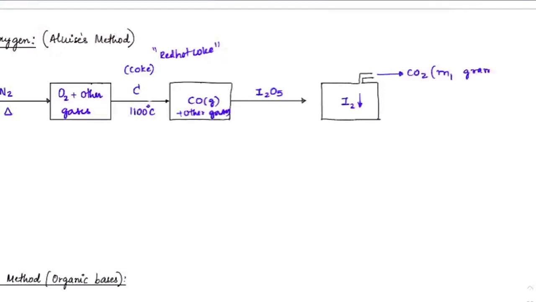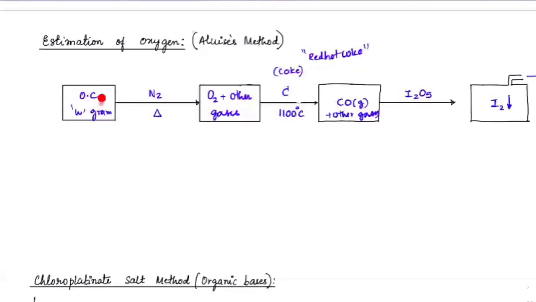That carbon dioxide is collected to get m1. Okay, everyone. So far, the organic compound which contains oxygen, we treated in the presence of nitrogen atmosphere and heated. Then we expect that O2 gas will come out of it, and there might be some other gases also present, which includes nitrogen, maybe some amount of H2 and so on.